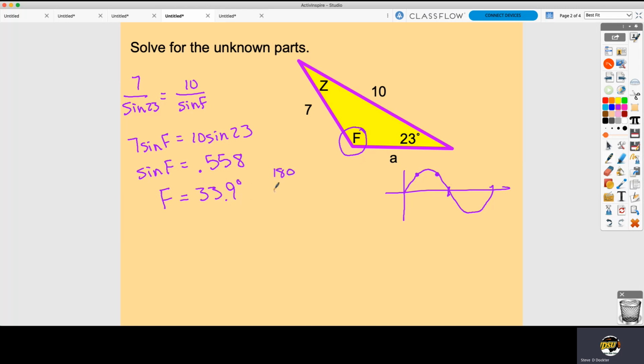If we go 180 minus 33.9, we would be able to get the correct answer for this, which would be 146.1. All right, you should be able to figure out the other pieces now.